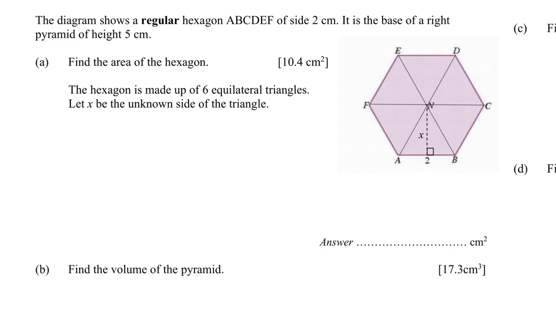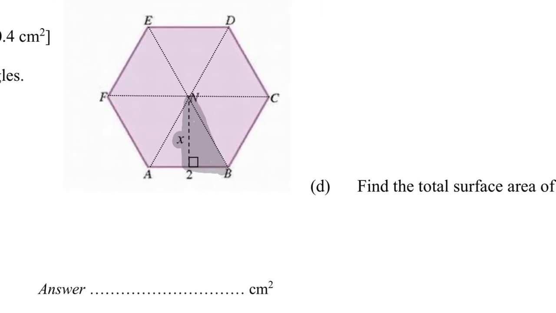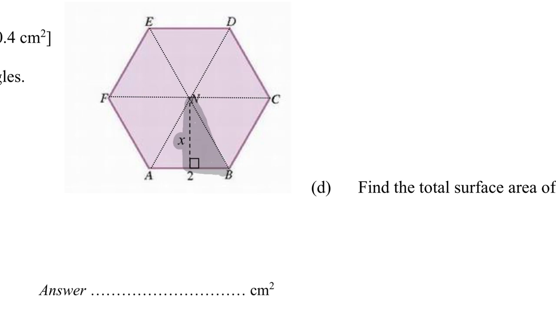And we are also required to let x be the unknown side of a triangle. That will actually help us a lot. Focus on this particular triangle here, where I have x.